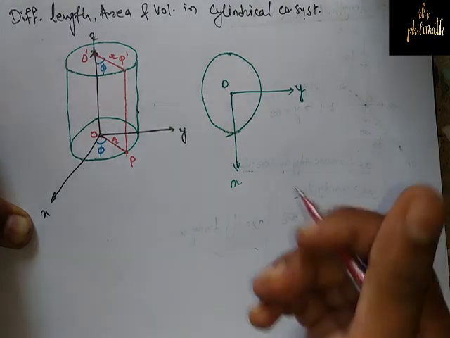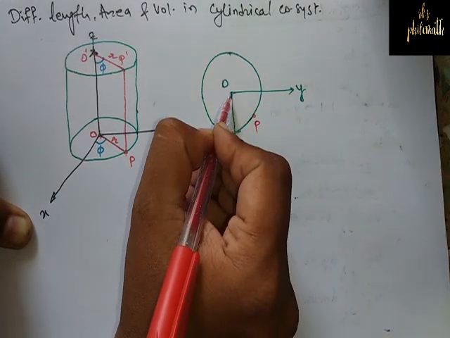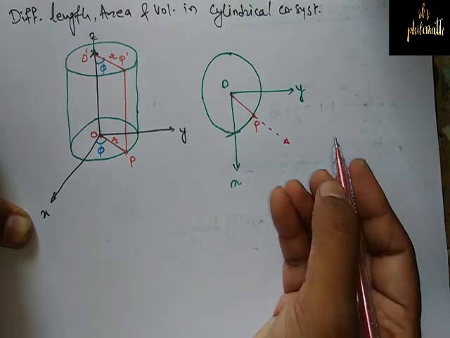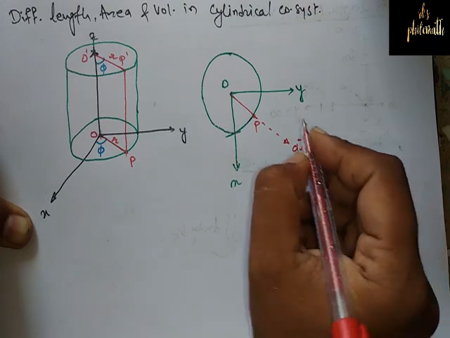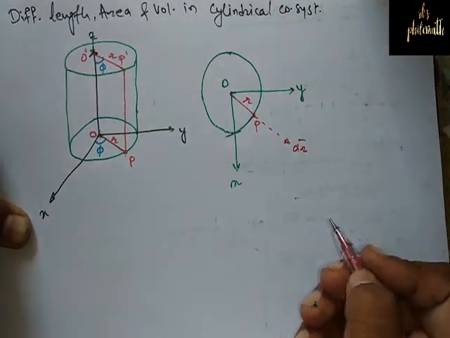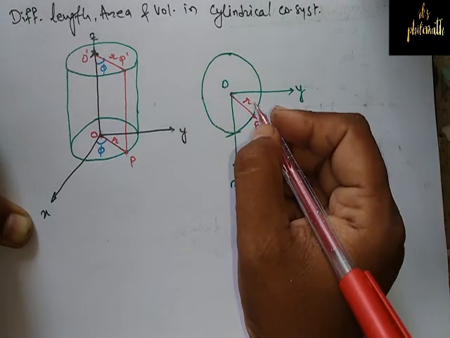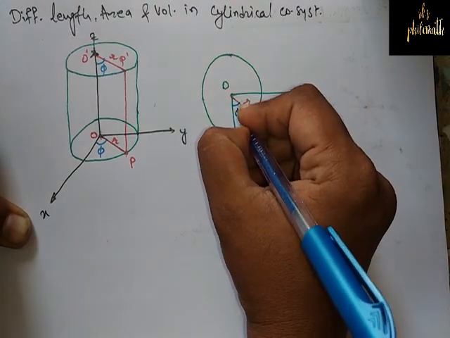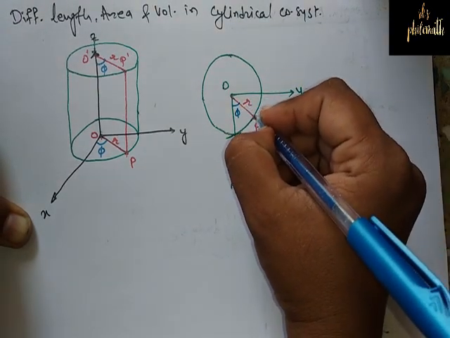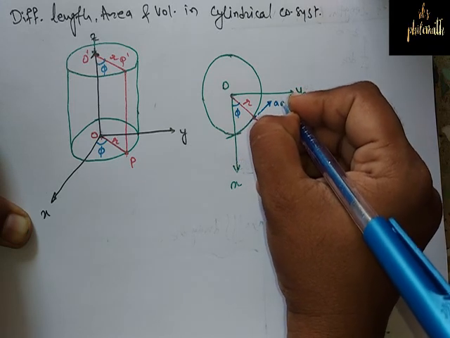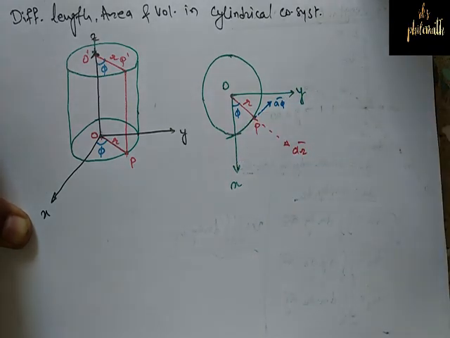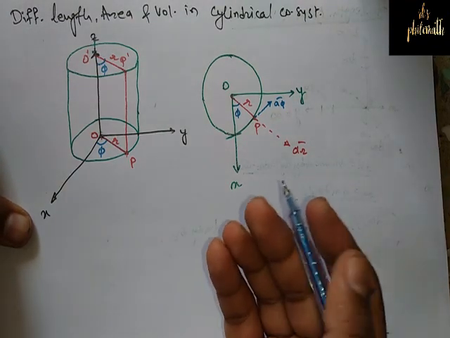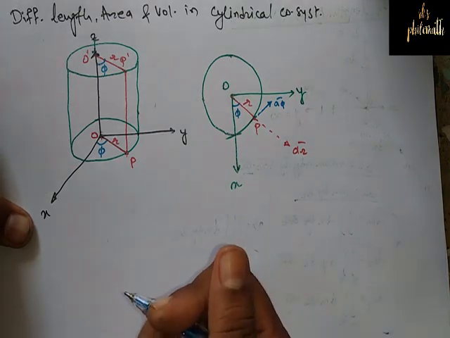This is point P. So this vector is unit vector AR, because this OP is nothing but R. This angle is angle phi. So this is the direction of phi, so this is unit vector A phi, and Z is upward. That means AZ is coming from paper towards the camera.